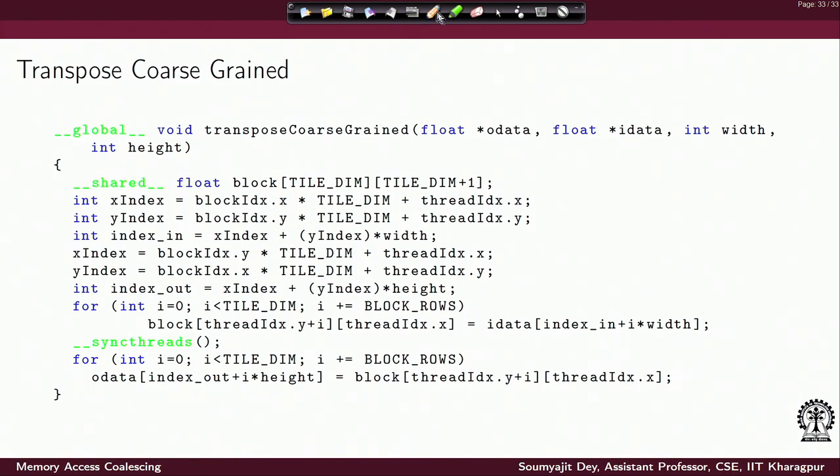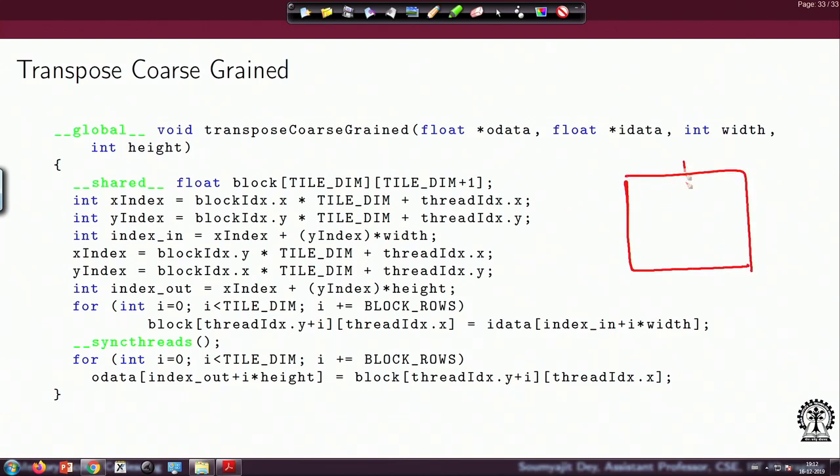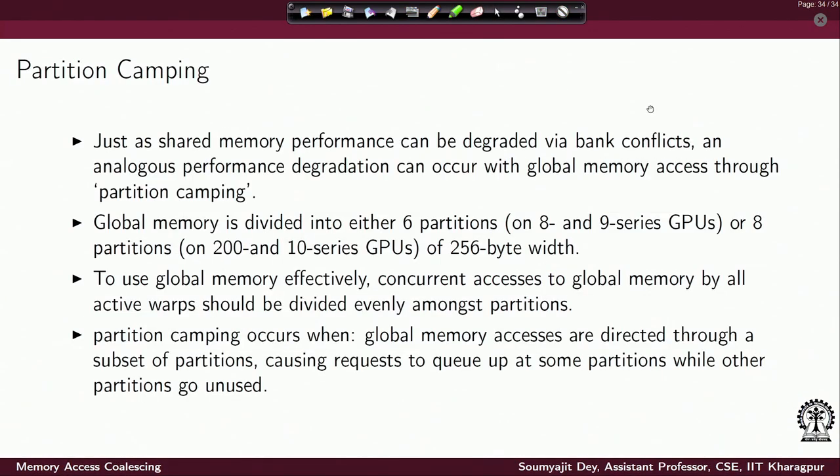That means this block comes here and the relative location of data remains the same with respect to the block. So these are also associated operations that you can look into.